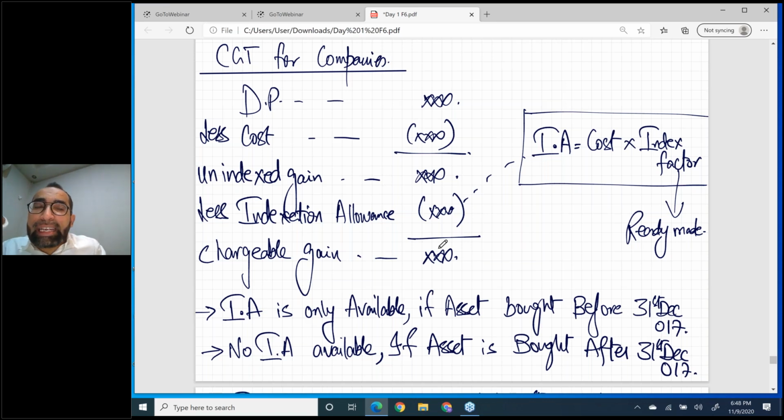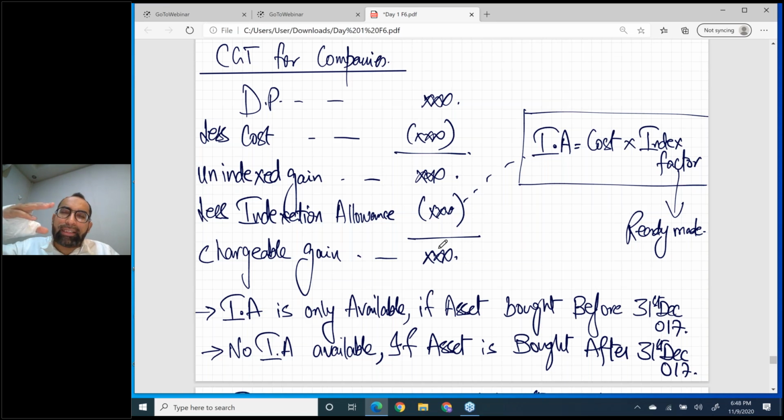What do you mean by unindexed gain? Unindexed gain means gain before indexation allowance. Now students will say, what is indexation allowance? Indexation allowance removes the inflationary element of the gain, because some inflation element is also added in the gain.